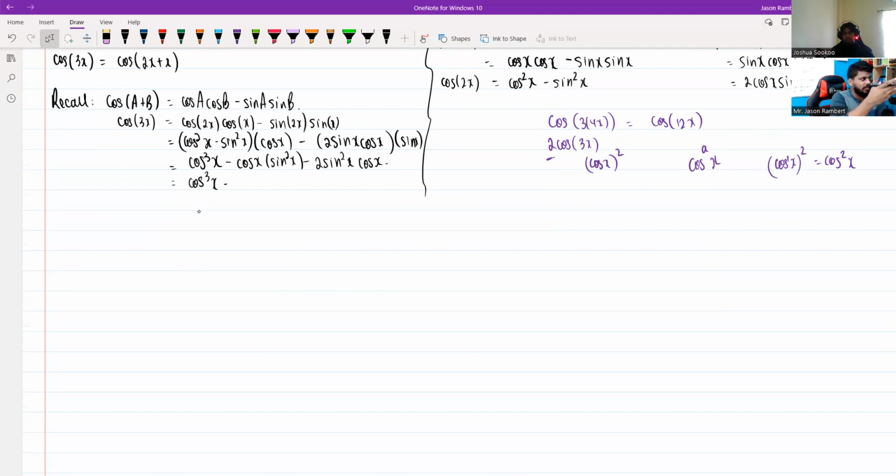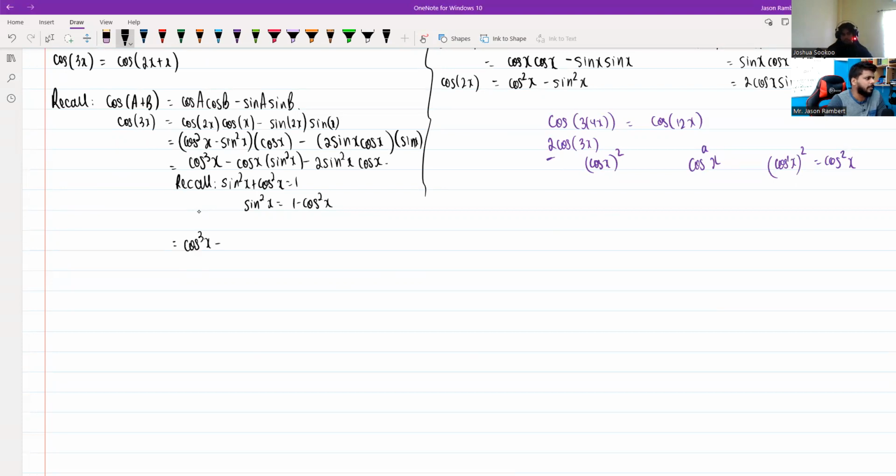I have cosines in terms of cosines and sines. So I want to get rid of the sines. I remember not too long ago that sine squared x plus cos squared x is equal to 1. So I can express sine squared x in terms of cosines only. I'll make a substitution.